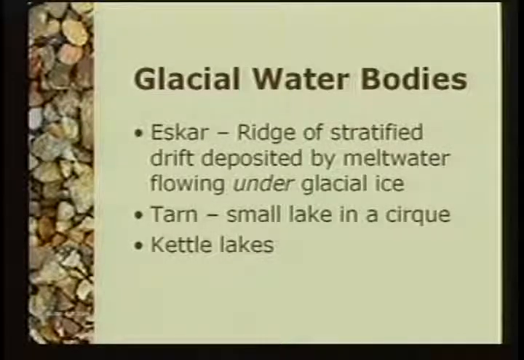However, the ridge is deposited while the glacier is still present. So we actually end up with a ridge feature as opposed to a channel or a feature that is scoured out, an erosional feature. A tarn would be a small lake in a cirque, and we also see kettle lakes that are associated with glacial systems.